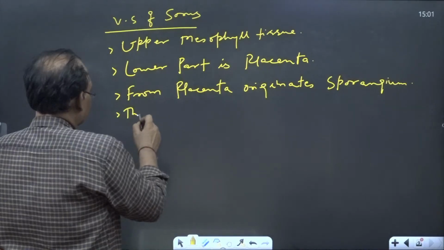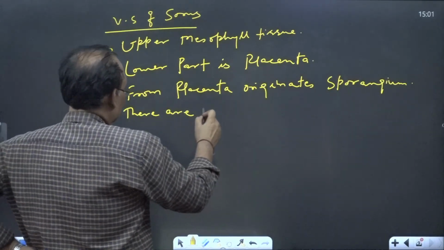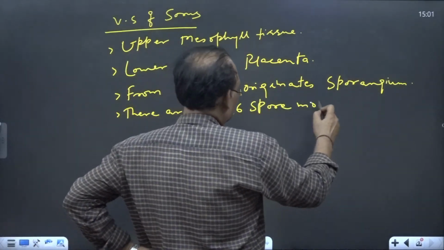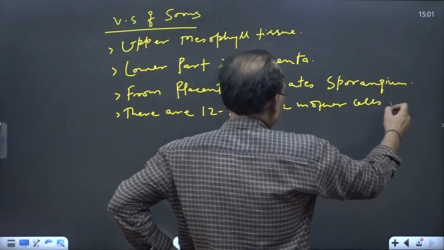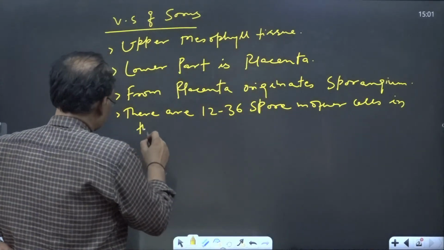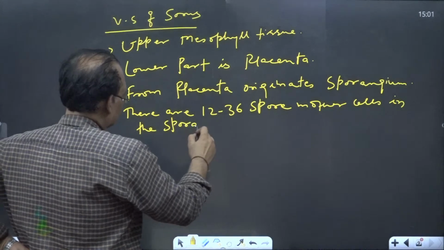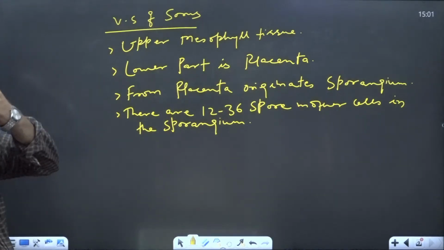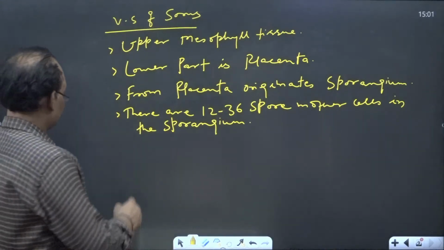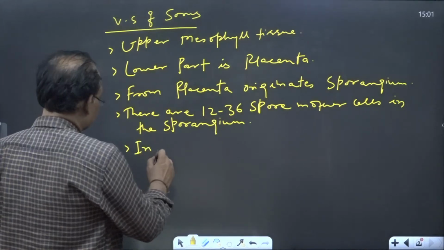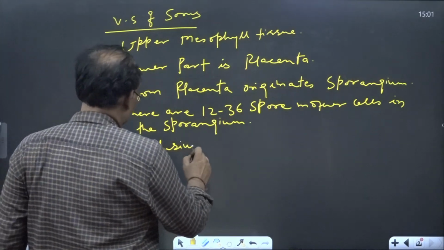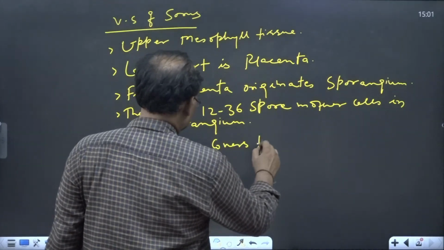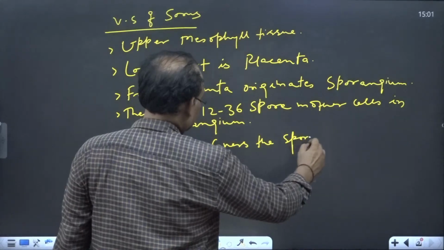There are 12 to 36 spore mother cells in the sporangium. Indusium covers the sporangium.